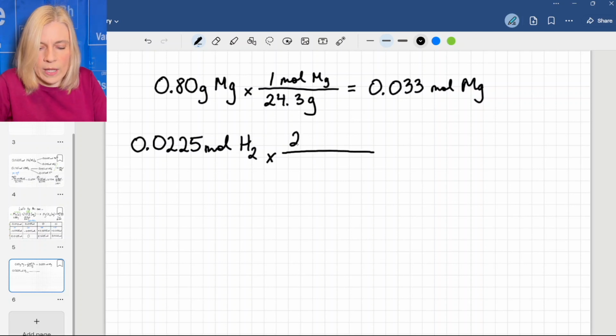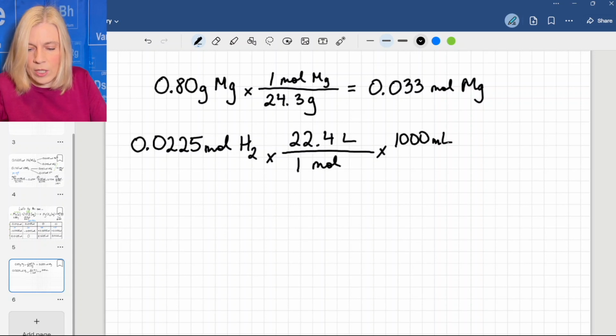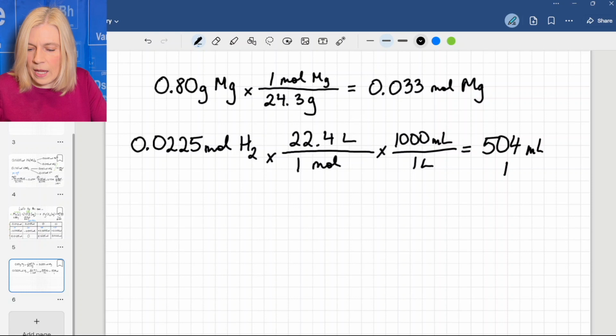There is 22.4 liters of any gas per 1 mole at STP, at standard temperature and pressure, and I have to change it to milliliters. The question asked me for milliliters. So I'm going to punch the numbers in a calculator, and you're going to get 504 milliliters of H2 gas will be made.